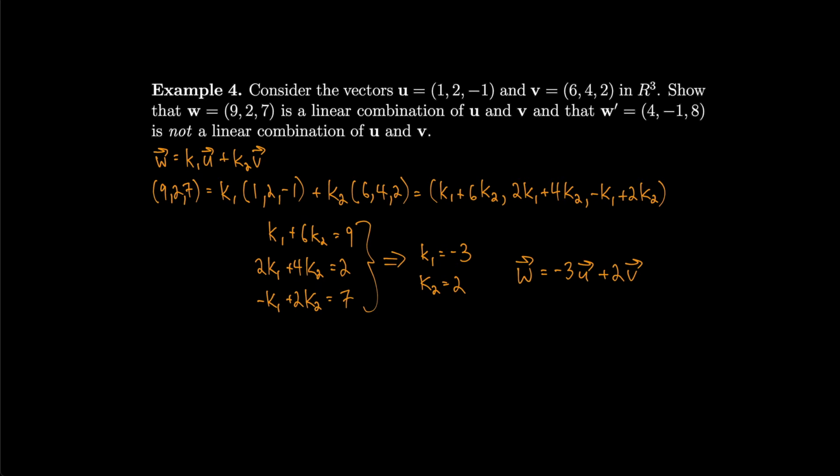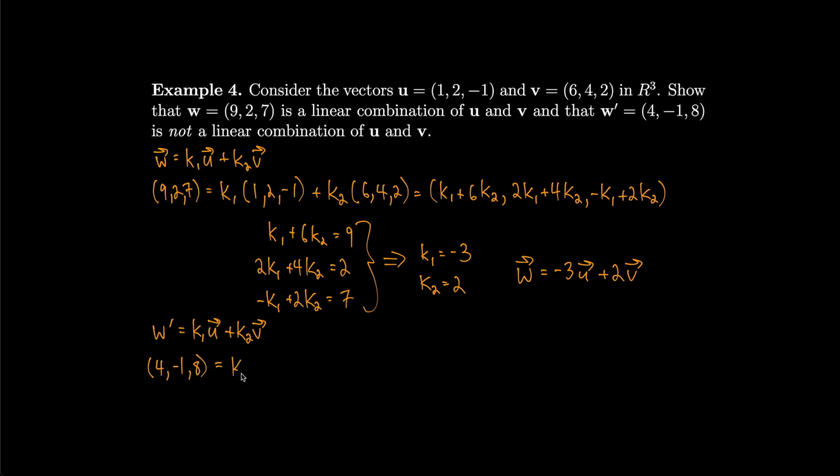To show that W prime is not a linear combination, how about we assume that it is? So we'll set W prime equal to K1 times U plus K2 times V, and we'll show that this is impossible. So W prime is (4, -1, 8).